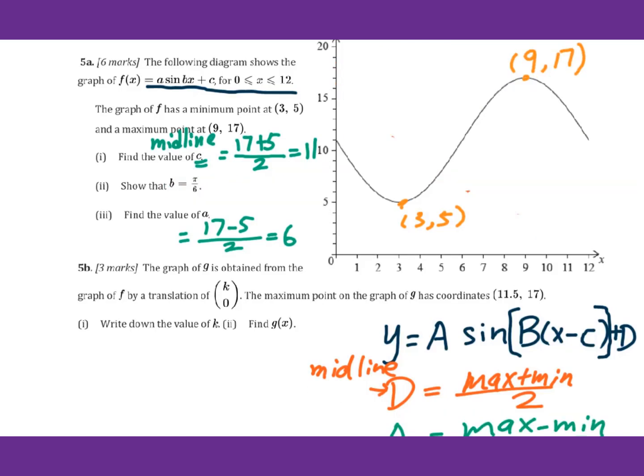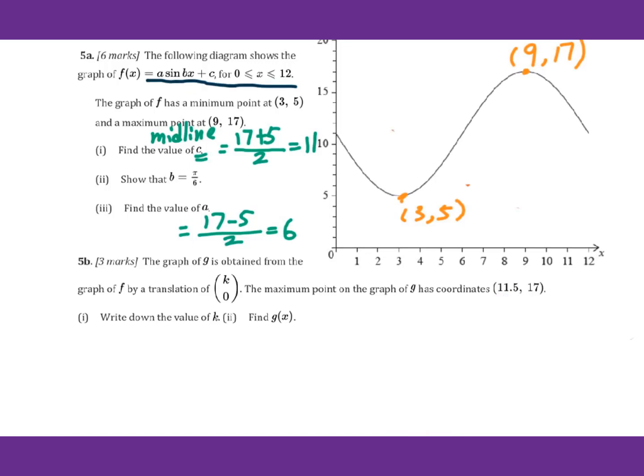Let's go to 5b. The graph of G is obtained from the graph of f by translation of (k, 0). This is a vector. The maximum point on the graph G has coordinate 11.5, 17. Write down the value of k. According to this translation, this is x, y.